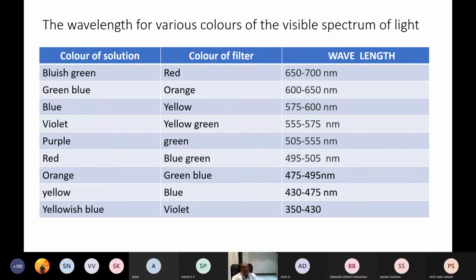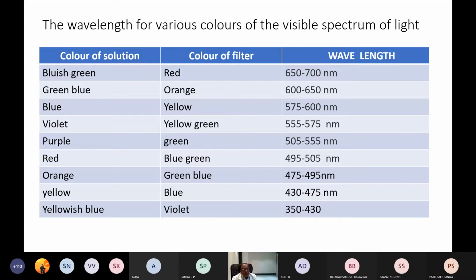based on the color of the solution and the color of the filter used in the colorimeter, these are the sets of wavelengths that are kept here. You can see that, for example, for a blue colored solution, we use the yellow filter, which has a wavelength of 575 to 600 nanometers.